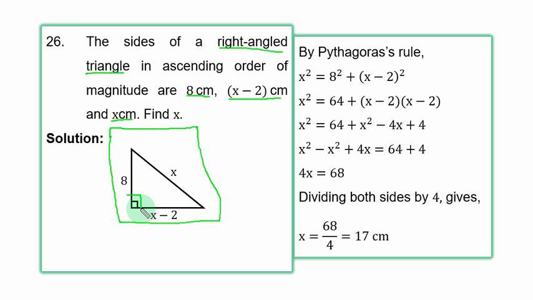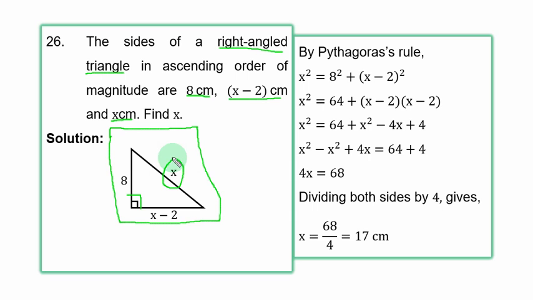That is why the hypotenuse is s. The other two sides, opposite and adjacent, you can give any other value, that is 8 or s minus 2, but surely the hypotenuse is s, the longest side with the highest value.